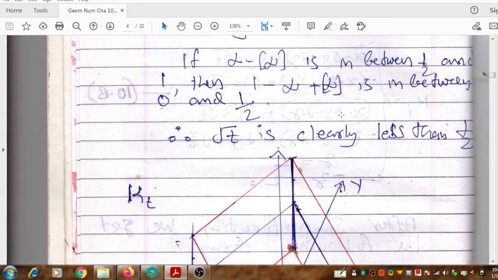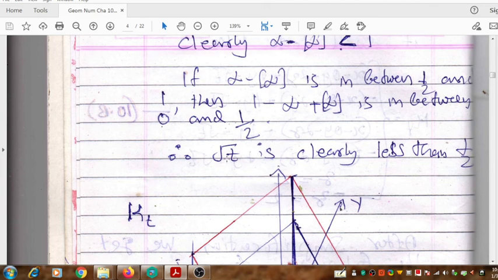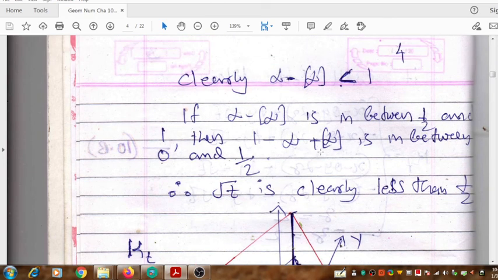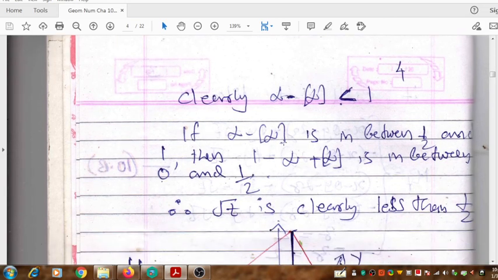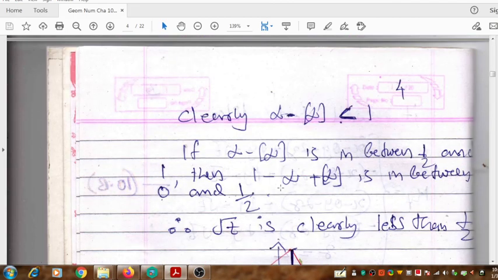In that situation also we can think about the value of root 2. But in the first case, 1 minus alpha plus alpha in square bracket is between 0 and 1 by 2, and then we get that root 2 is clearly less than 1 by 2.